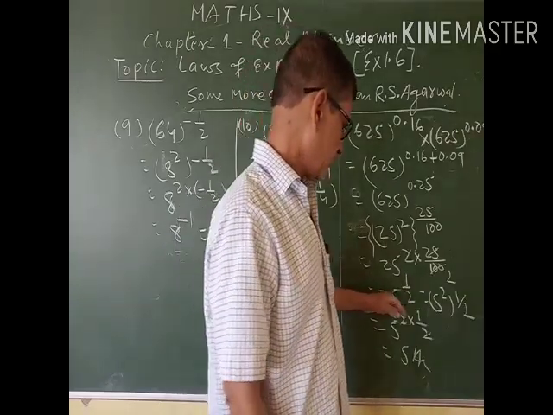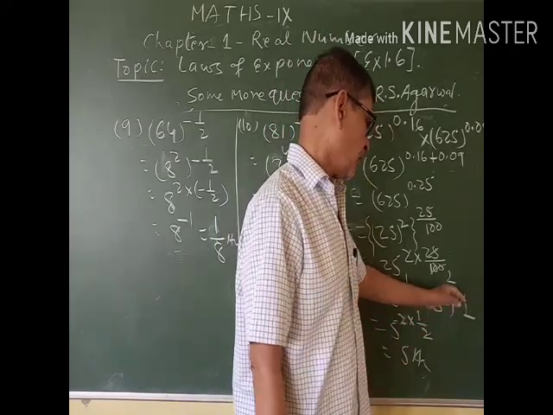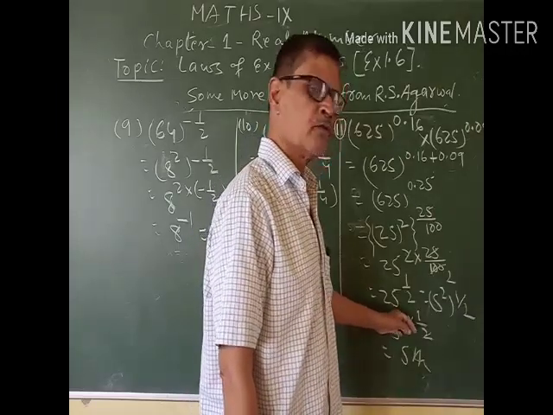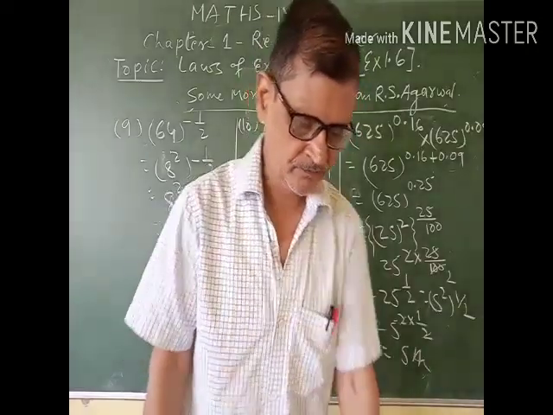You can write it as usual 5 square to the power 1 by 2, and this will give you 2 into 1 by 2, and this will be equal to 5.